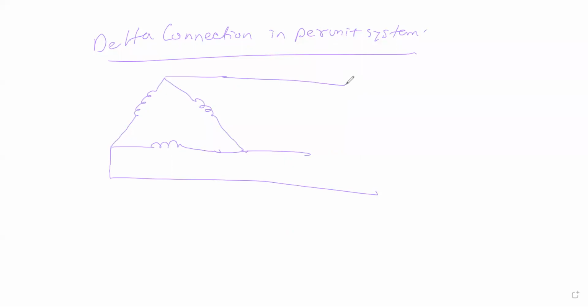So in this, we know in a delta connection that VL is equal to V phase, right? Voltage is the same. And whereas current IL is √3 IPH, right?